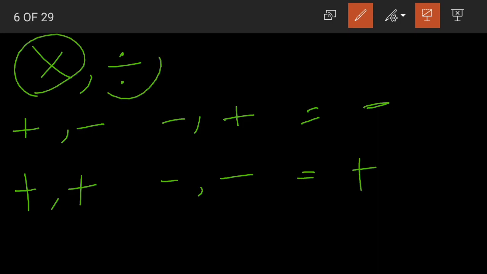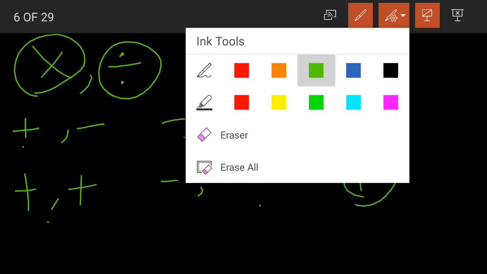In case of multiplication and division, when the signs are different, the answer will be negative. When the signs are the same, the answer will be positive. But in case of addition and subtraction, you know how to add and subtract integers, okay, that is clear.